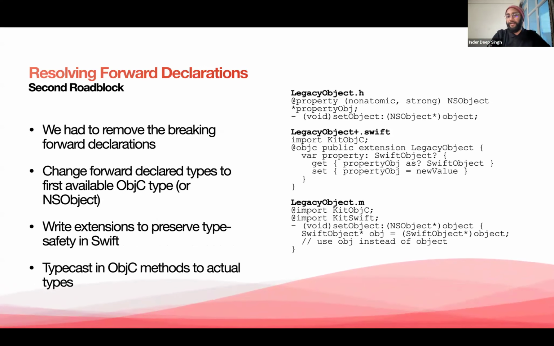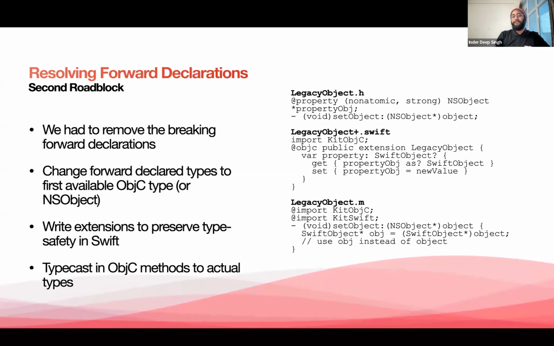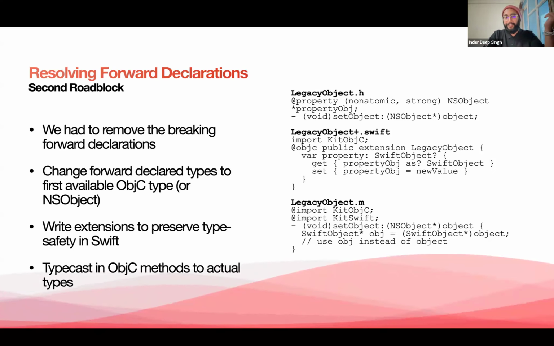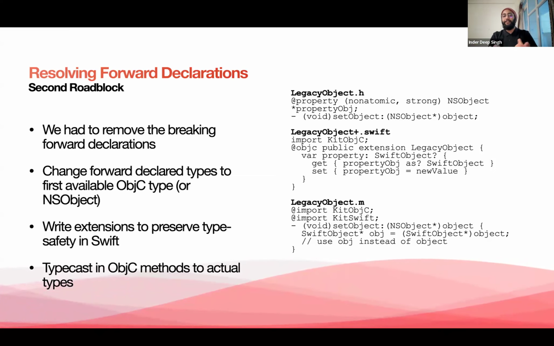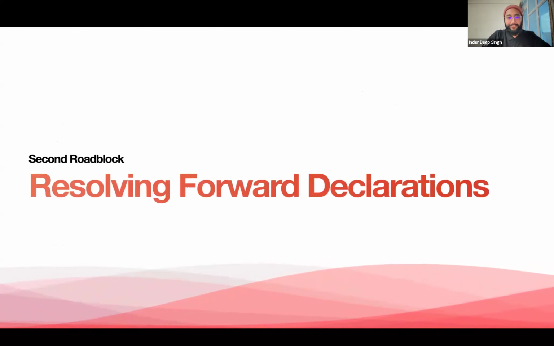And to avoid these problems in the longer run, we wrote Swift extensions of those properties. Basically, for all of the properties, we changed their type to the first available superclass in Objective-C, which sometimes was defined in Objective-C, or otherwise you can just say it's NSObject. And then inside of Swift, you can write public extensions, which would just be a getter and setter of that Objective-C property, but now with type safety. So by doing this, our second roadblock was also resolved.